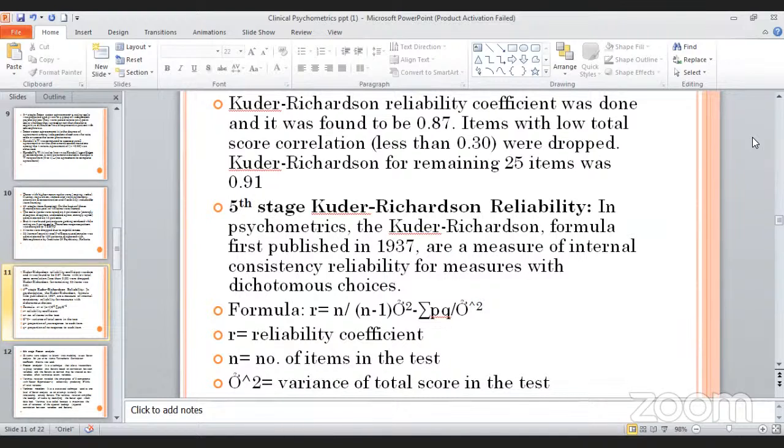were dropped. And after that, 25 items were found, with a Kuder-Richardson reliability coefficient of 0.91.